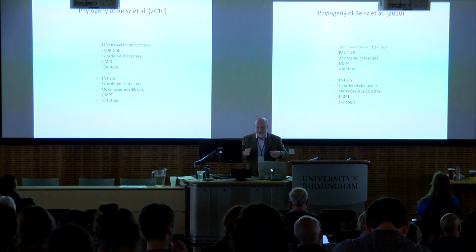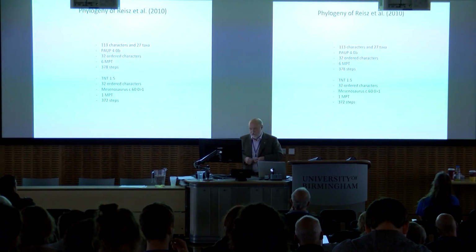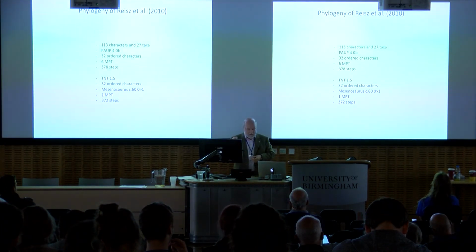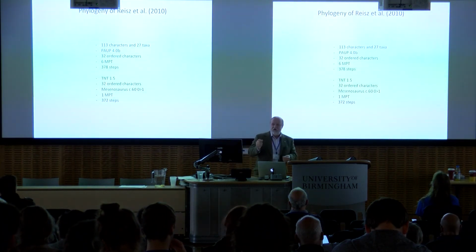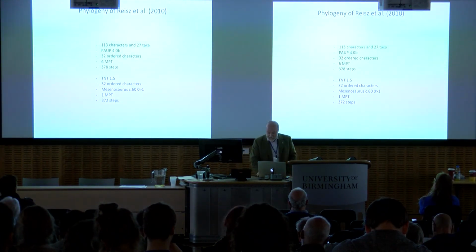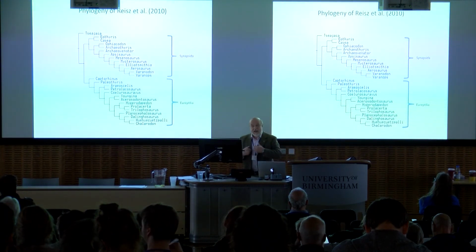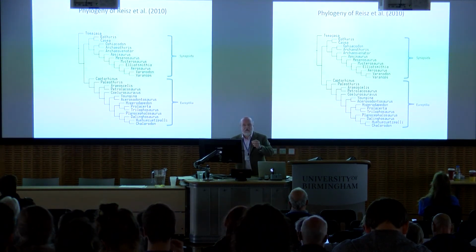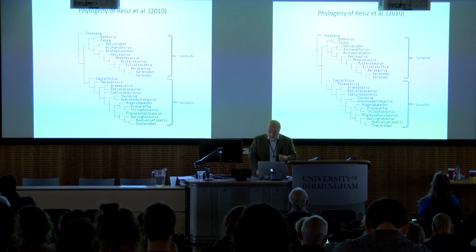Now, I'm using TNT, so I've used more or less the same data which Rob used in this particular study, but I did make one change. That was to Mesenosaurus, where Robert scored it with 2 coronoids, when in fact it only has 1. So I made that one change to character number 60. And the results which I got were exactly the same, more or less, apart from the small polytomy that Rob had in his original paper.